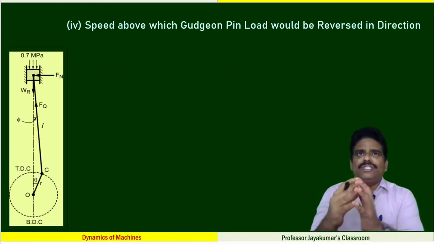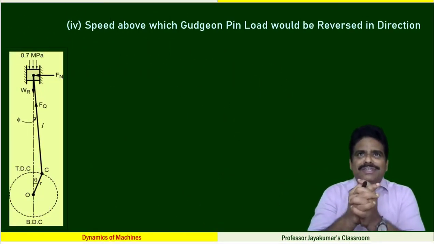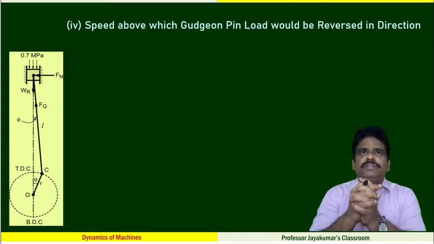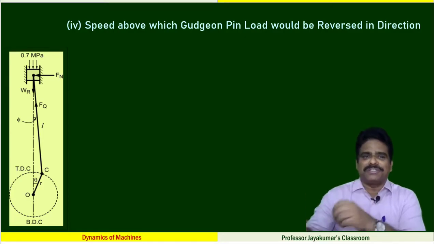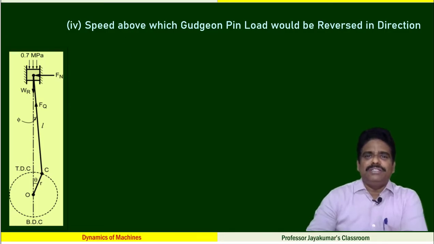Now let us understand the last subdivision of the question. They asked to determine the speed above which gudgeon pin load will be reversed in direction. Just now we have said the Fq will be the gudgeon pin load.